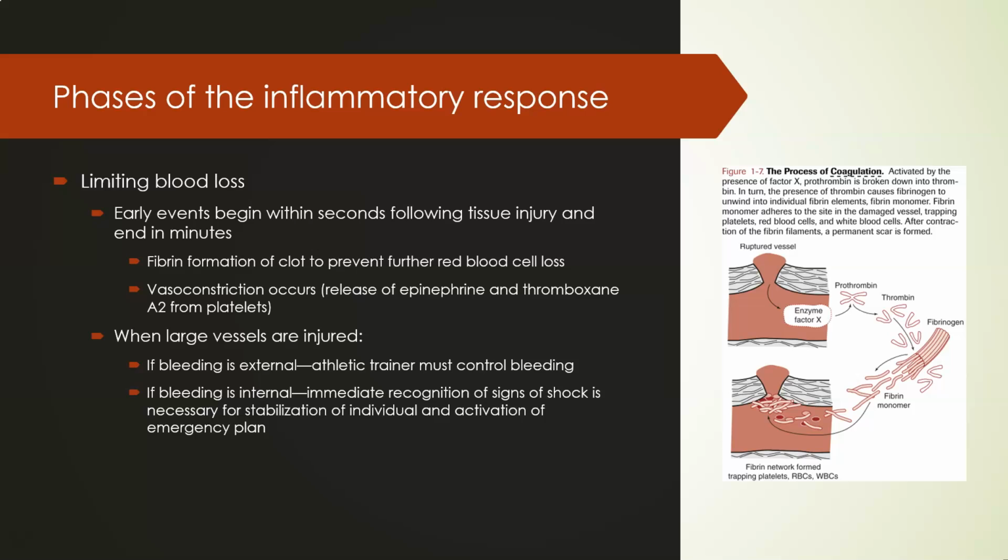At that same time, these enzymes are releasing chemicals that are immediately going to vasoconstrict to try to decrease the amount of blood flow to that area, right? Epinephrine is one of the big ones there that immediately goes through.